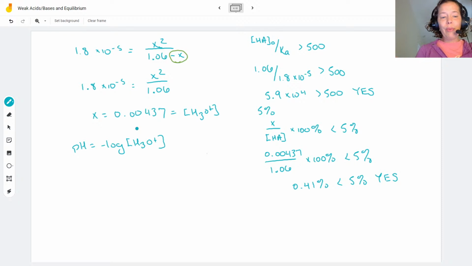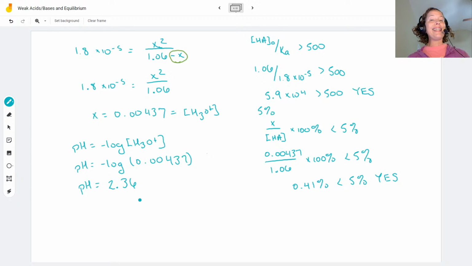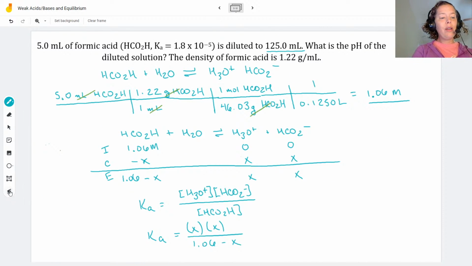Okay, so now really we've got a trivial calculation here because we're just going to do the negative log of 0.00437. And that gives us a pH value of 2.36. Now, does that make sense that we would have a value of 2.36? Well, let's remember we have formic acid in solution. So we have an acid in solution. So we should have a low pH.